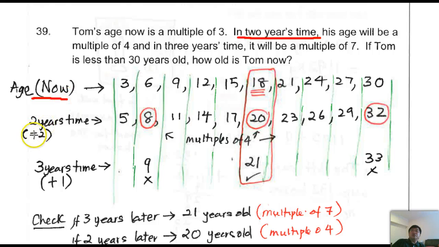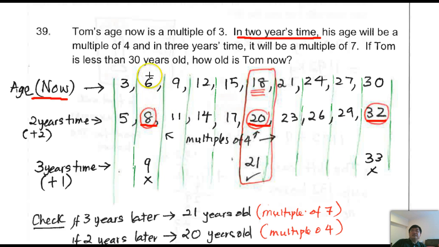So you plus 2 to each of them first. Okay, and you found out that this is a multiple of 4, a multiple of 4, and a multiple of 4. Now all you have to do is, right, these 3 could be your possible ages.